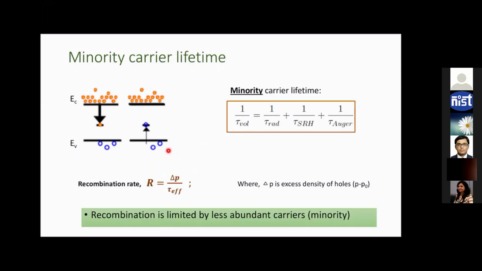Their mobility is less. So the conductivity of the minority carrier inside a semiconductor, for example, the conductivity of holes inside an N-type semiconductor, will be much, much lesser than the conductivity of electrons. Agree?